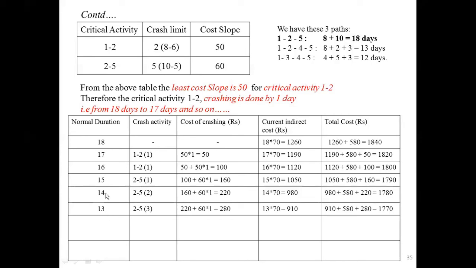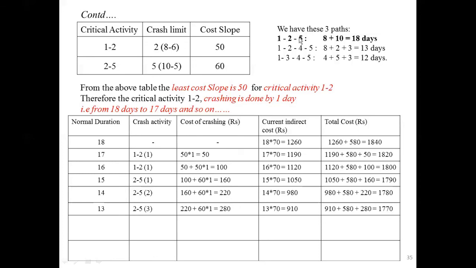At 13 days, we have one more parallel critical path. It is 1, 2, 4, 5. If you split this path, 1 to 2 crashing is over. 2 to 4 and 4 to 5 are left. There is no common activity between these two paths.